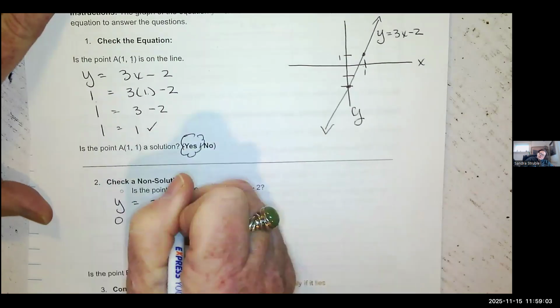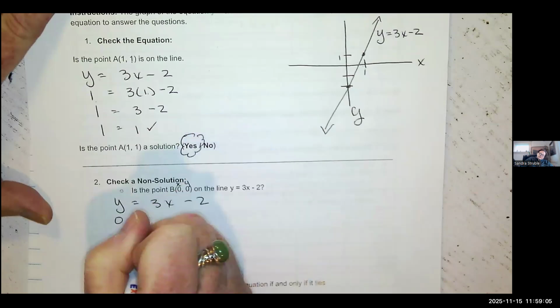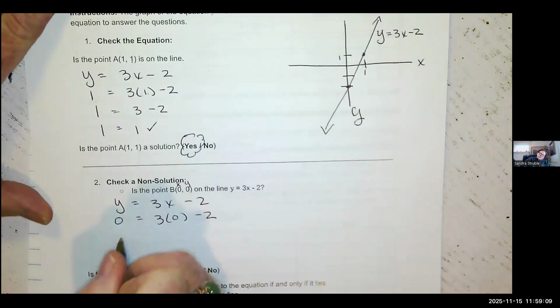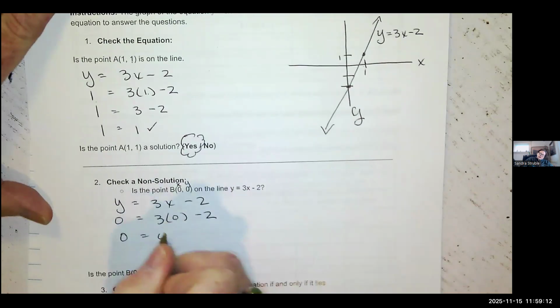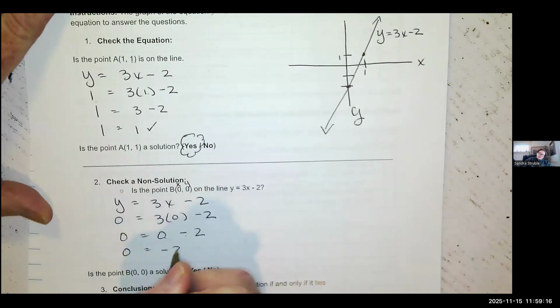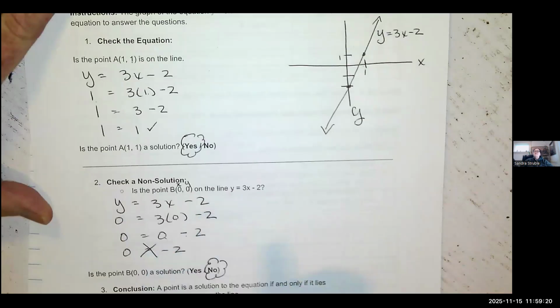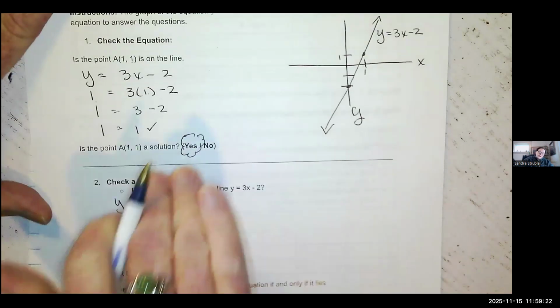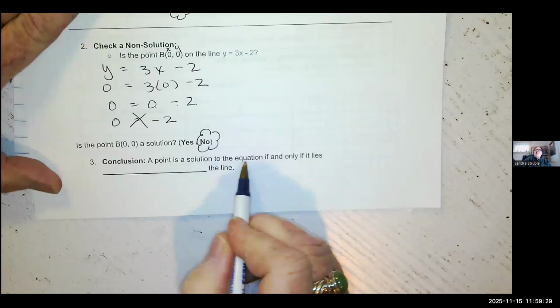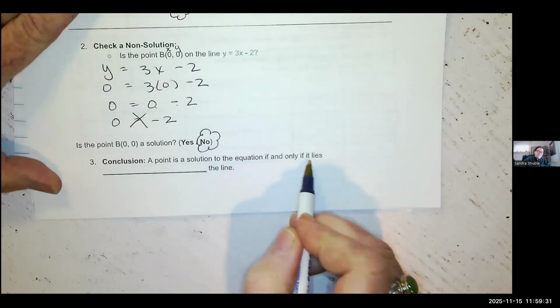And where the x is, I'm going to put 0. 0 is equal to 3 times 0, which is 0. 0 minus 2 is negative 2. These are not equal. So no, it is not a solution. We could tell by the graph, but we can also tell by checking for solution. Conclusion: a point is a solution to the equation if and only if it lies on the line.